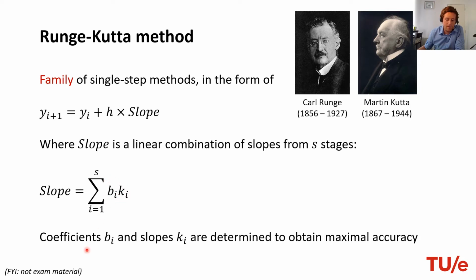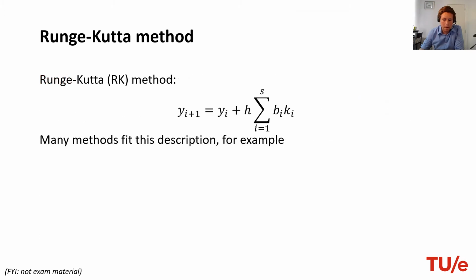And these coefficients Bi and the slopes Ki are then determined in order to obtain a maximal accuracy. So higher order methods are attainable using this Runge-Kutta framework. Writing this out explicitly, the solution in the next step is the current step plus h times this linear combination of slopes. So many methods fall into a certain class of Runge-Kutta methods.